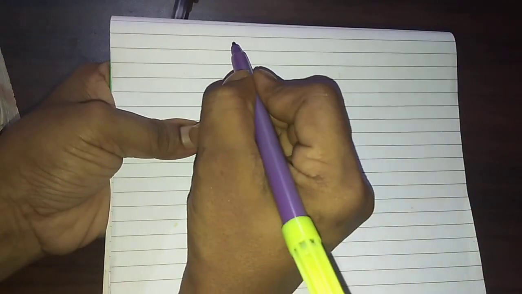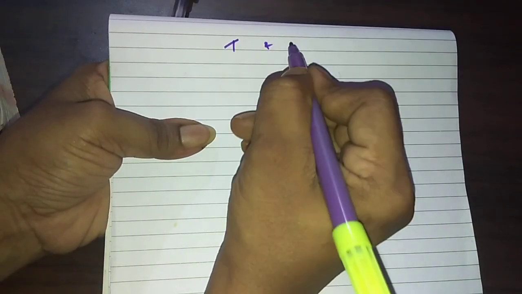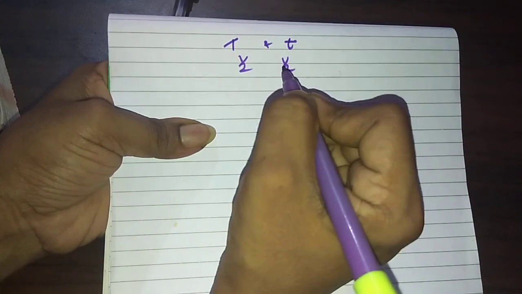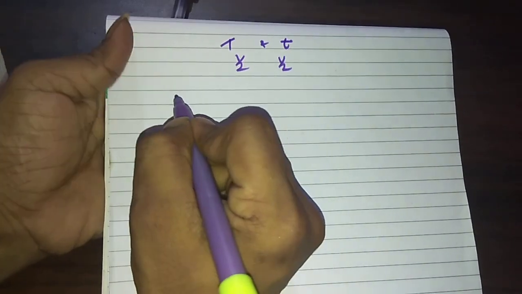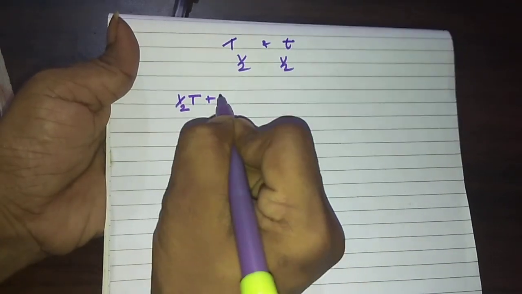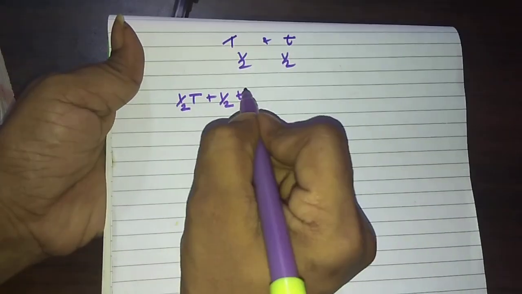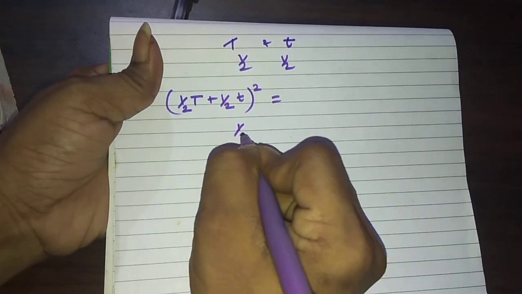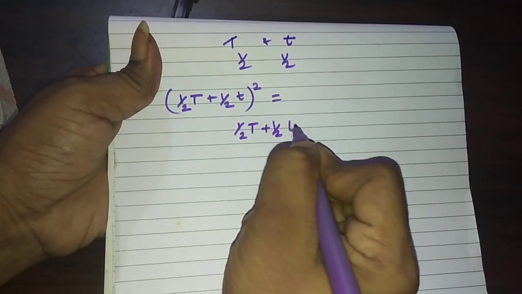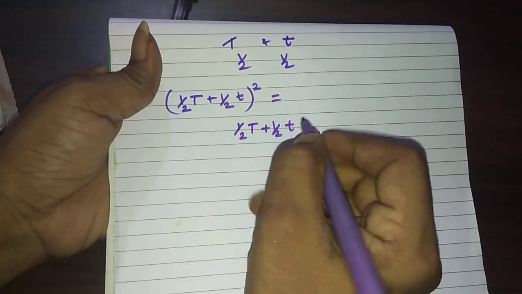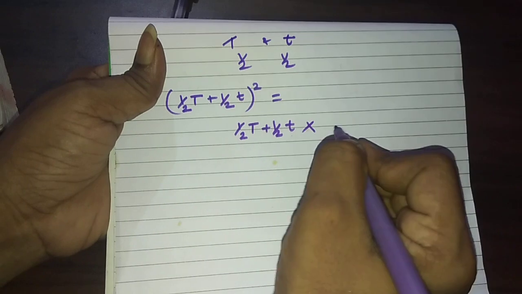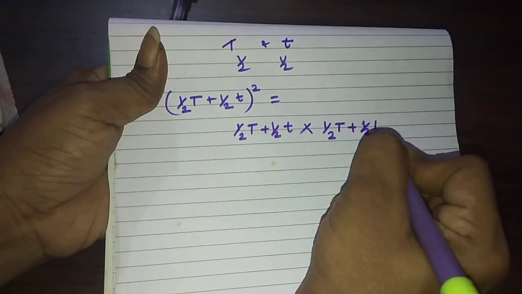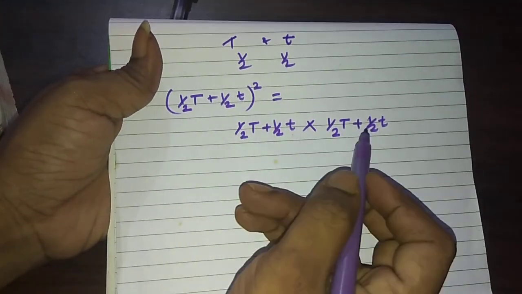So if the frequency of gametes bearing capital T and small t is half, then we can have the expression (half capital T plus half small t) the whole square, which gives (half capital T plus half small t) multiplied by (half capital T plus half small t). Since it is the whole square, we can use it this way.